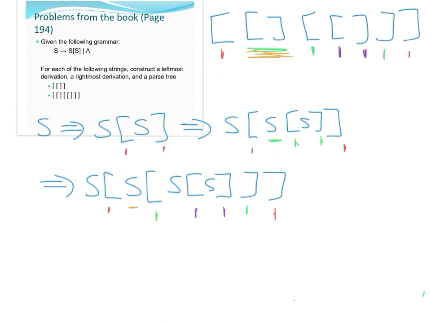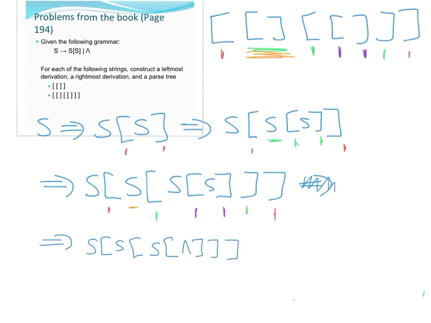Okay. So again, we're doing a rightmost derivation. So we need to expand this S. So we will expand that one just into a lambda now, because that's kind of done. So that's going to go to, actually let's go to the next line. Start writing smaller. It's going to go to S bracket, S bracket, S bracket, lambda, bracket, bracket, bracket.